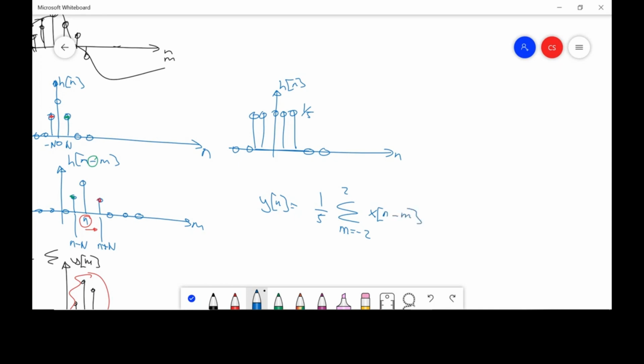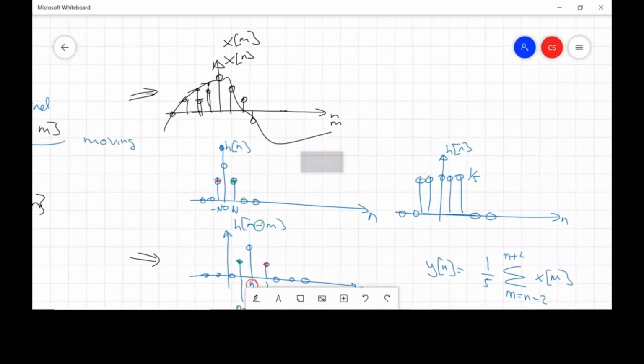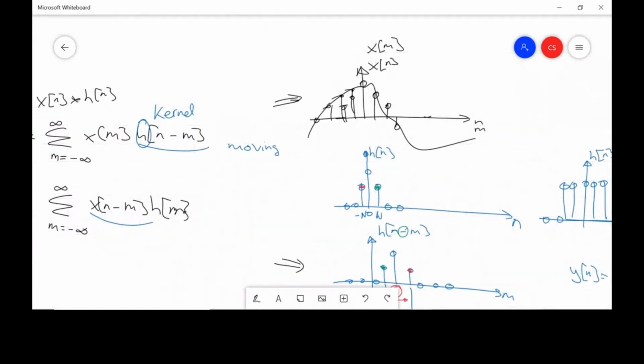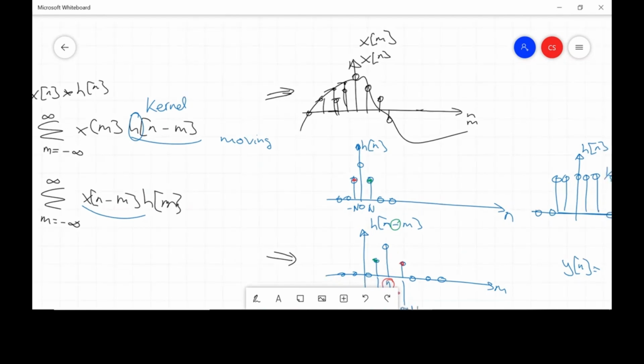This follows the definition in which x of n is fixed, and you shift your kernel to the location n minus m, and then add the samples different from 0.